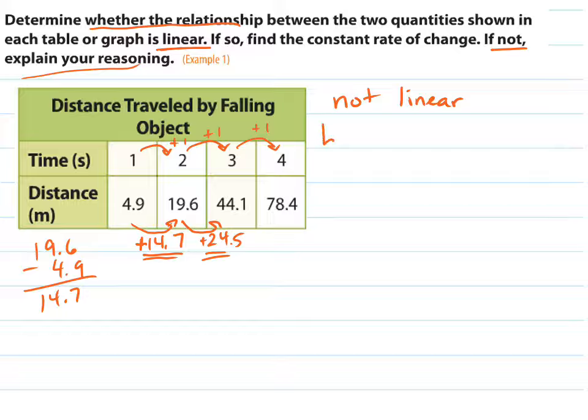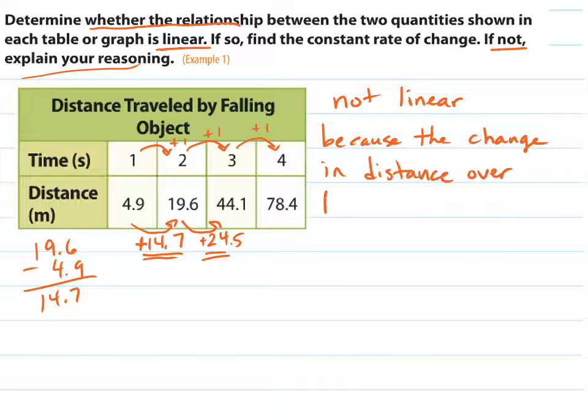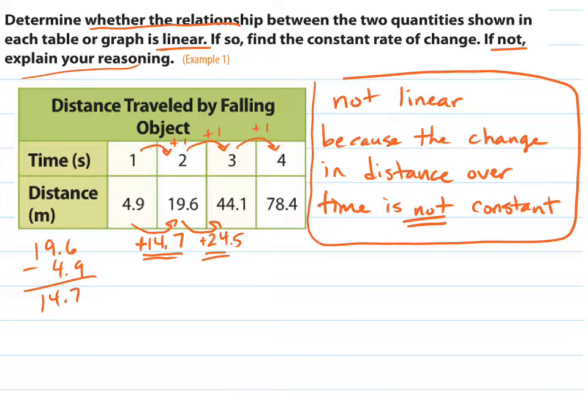Not linear because the change in distance over time, and in this case over 2 minutes from 1 to 2 to 3, is not constant. Again, we have to explain why it is not linear. We don't just write not linear, you have to explain why it's not linear. So there's my answer.